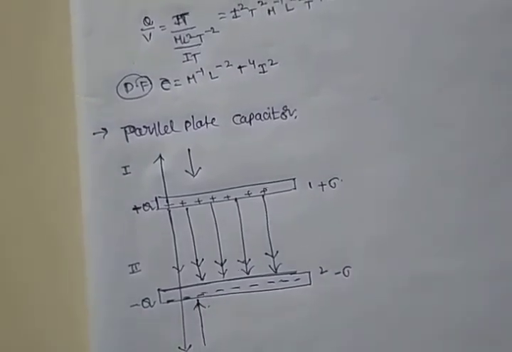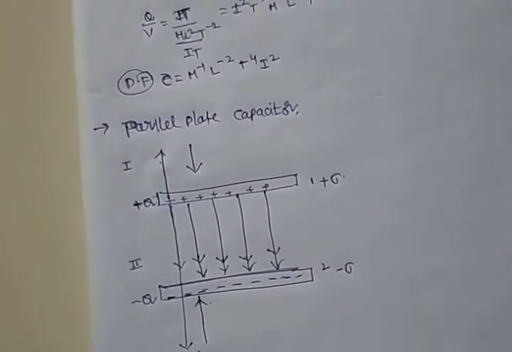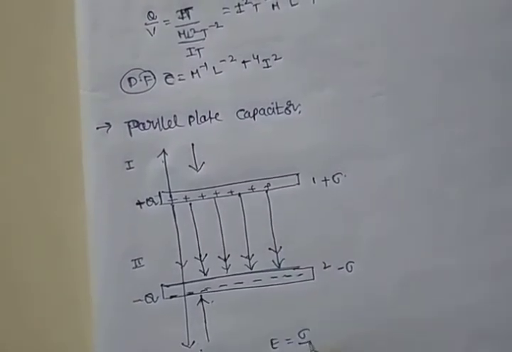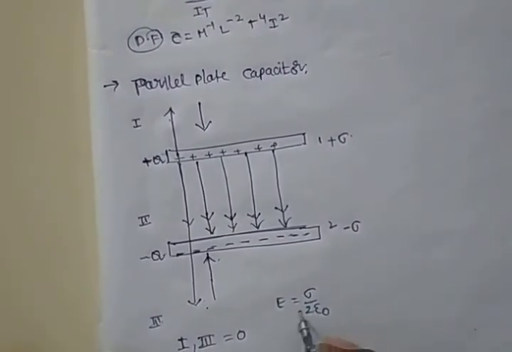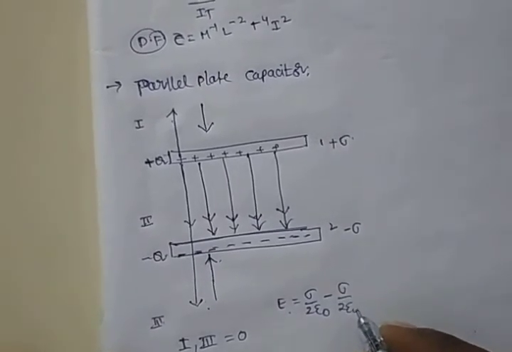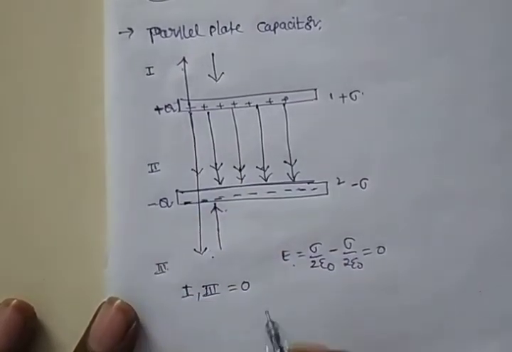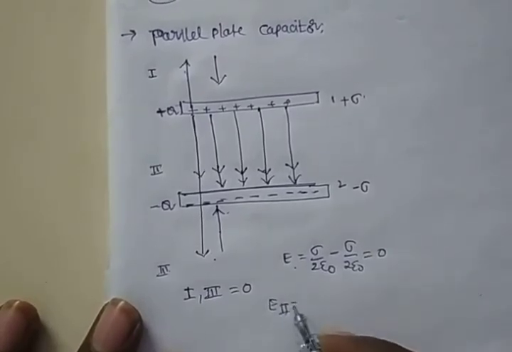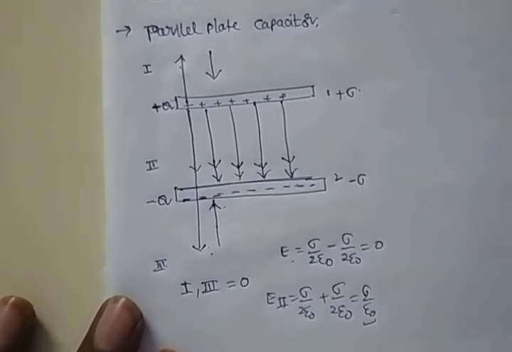in regions 1 and 3 becomes 0, because sigma by 2 epsilon naught is the electric field intensity for a non-conducting plate. Sigma by 2 epsilon naught minus sigma by 2 epsilon naught becomes 0 outside in regions 1 and 3, but inside in the second region, sigma by 2 epsilon naught plus sigma by 2 epsilon naught becomes sigma by epsilon naught.